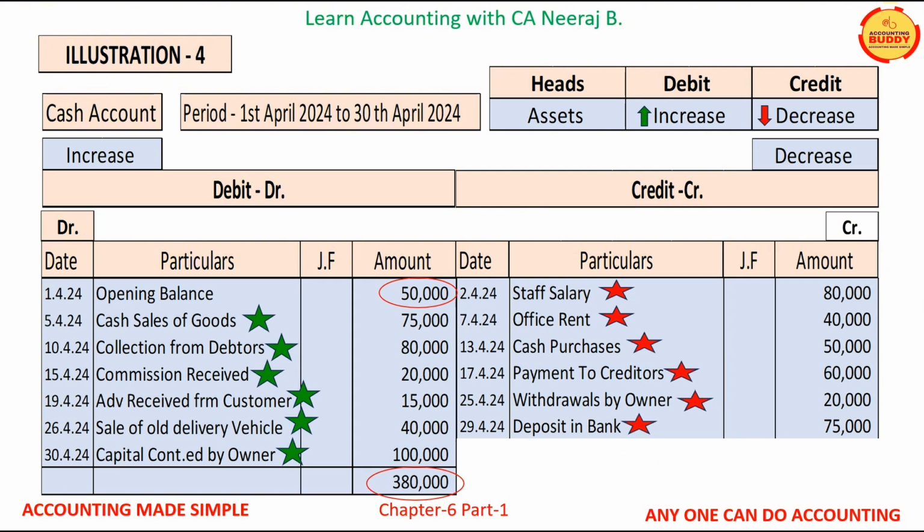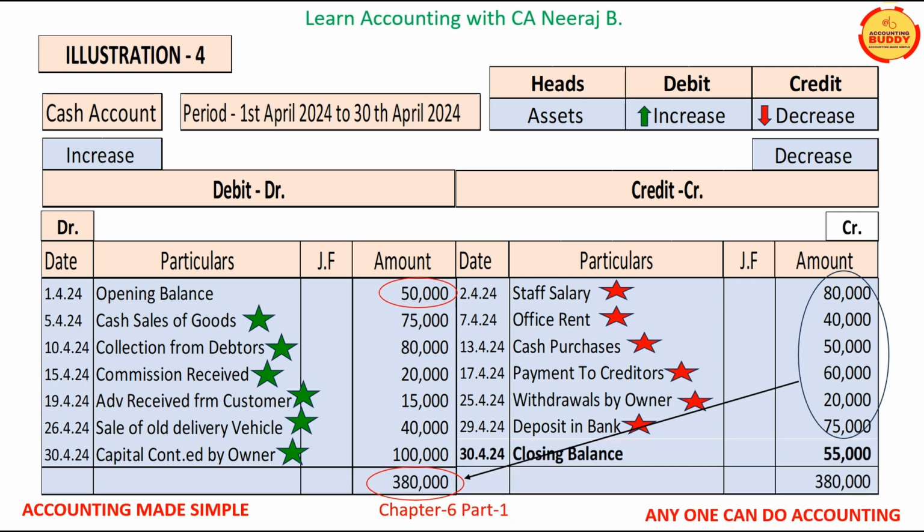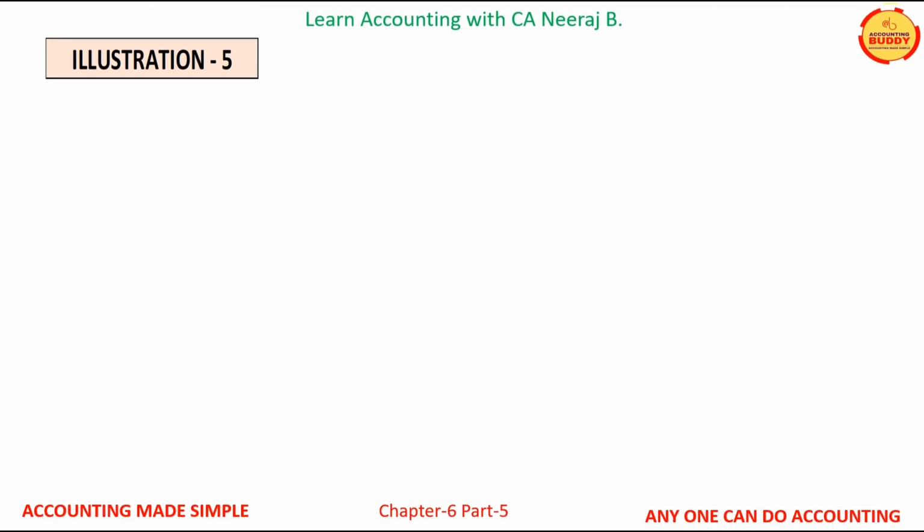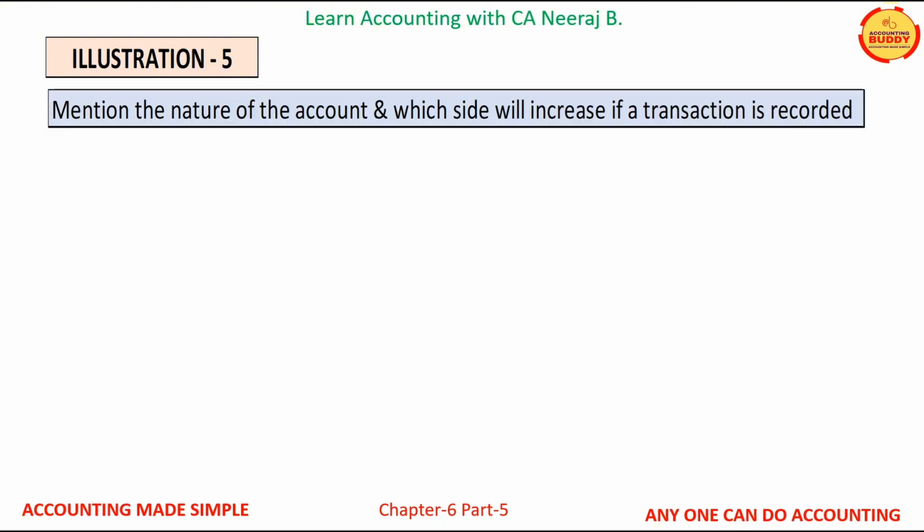All cash outflows are recorded on the credit side of the cash account. Now if total outflow of cash is deducted from the total of 380,000, the business will be left with a closing cash balance of 55,000. Let us test our understanding with an illustration.